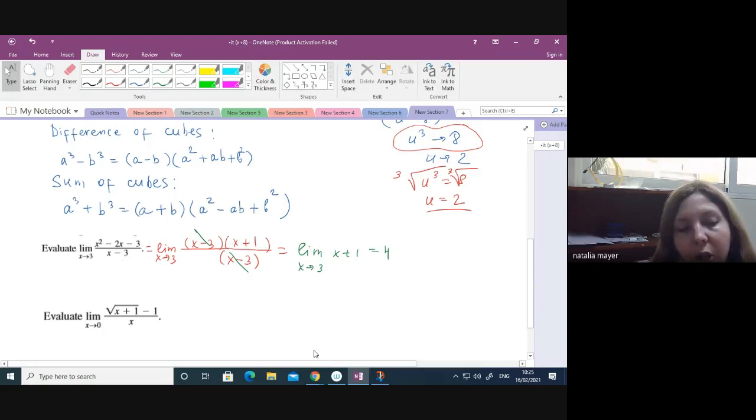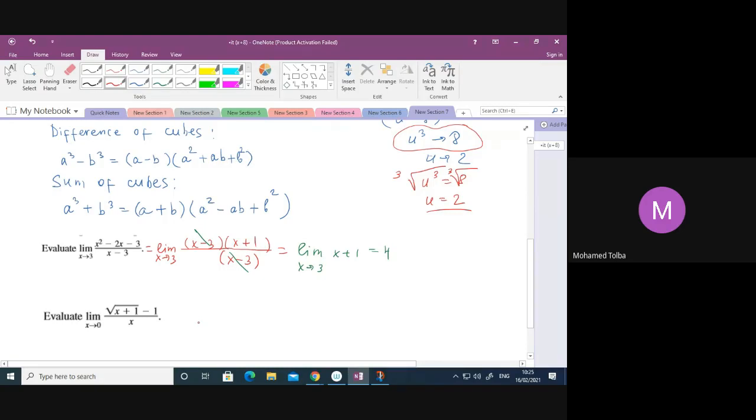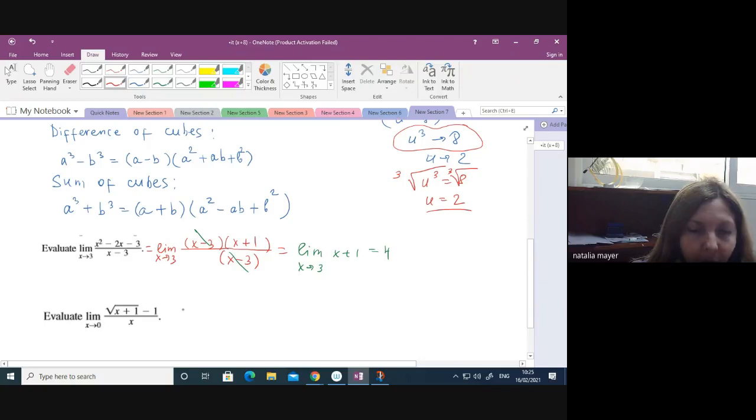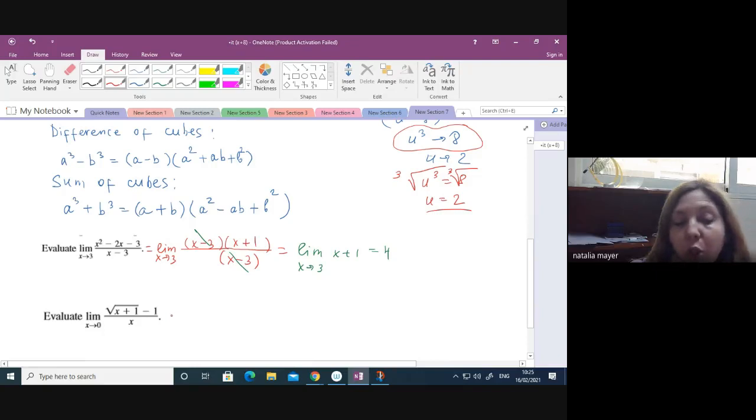So, Mohammed Tolba, what do you think we can do here? We can try and get rid of the square root sign. By which method? When we square it. We cannot square it because it's not an equation. If I have x equals 2 and I square it, I am not changing anything.